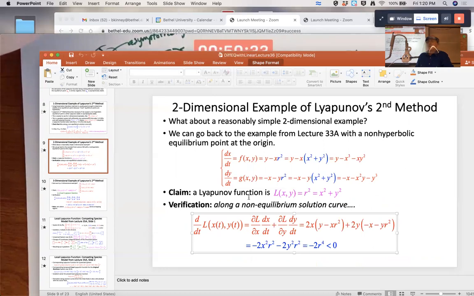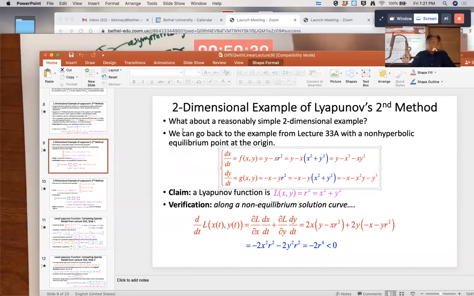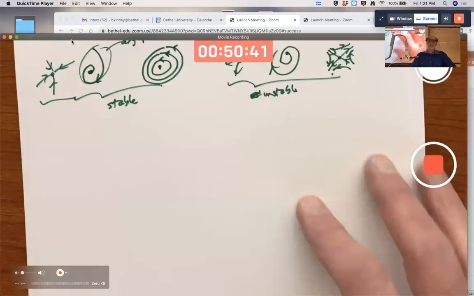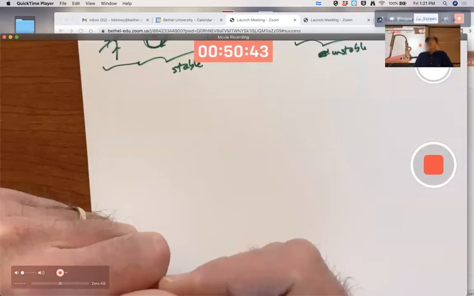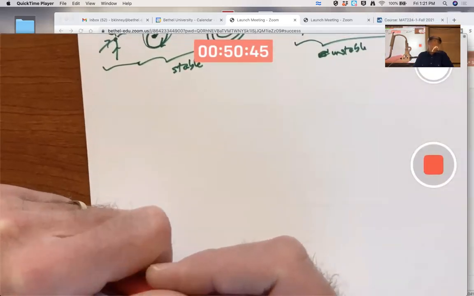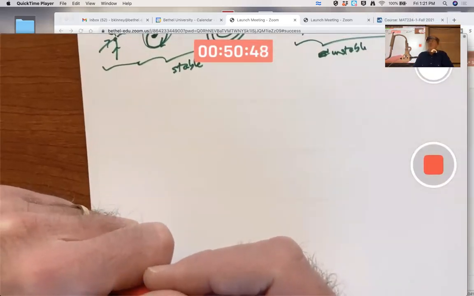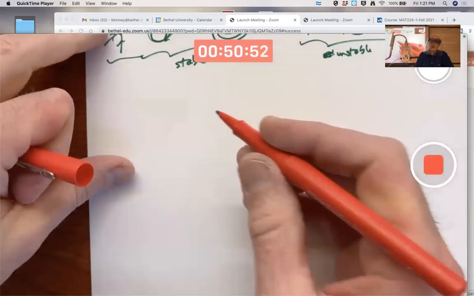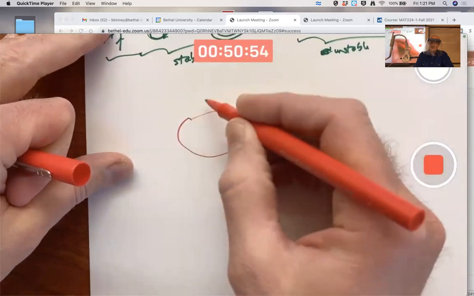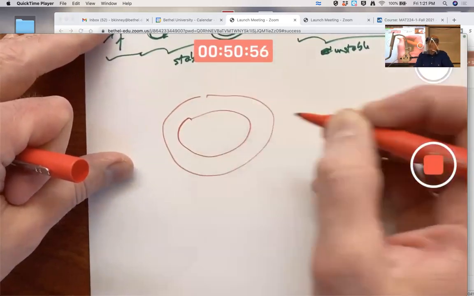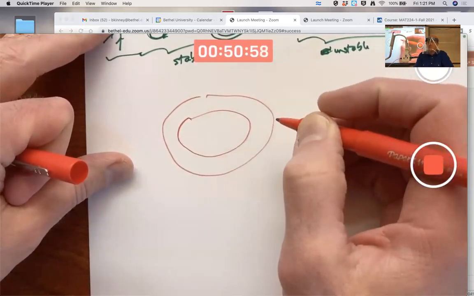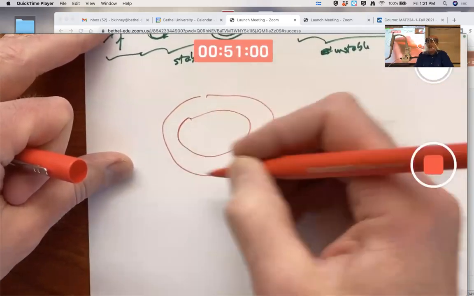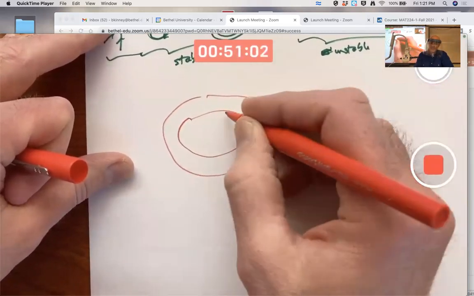Probably I would not give you one where you have to do all the details of the calculations like I show in the video, but you should know that if you've got a trapping region in the plane and there's no equilibrium points inside, there's got to be a periodic solution inside. Talked about this on Wednesday. Typically your trapping regions in such situations are going to be an annulus shape, ring shape.